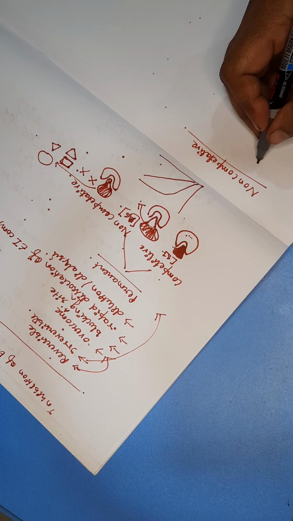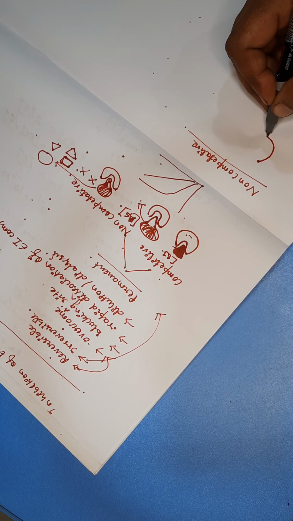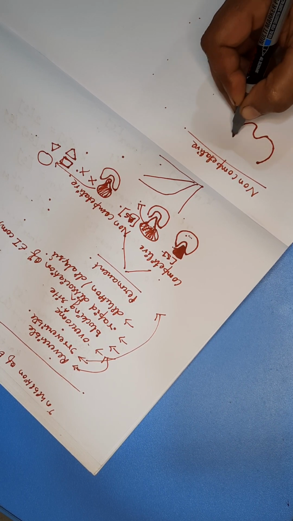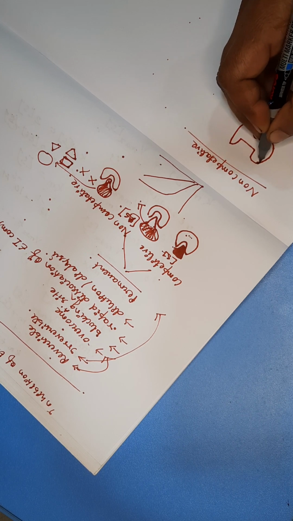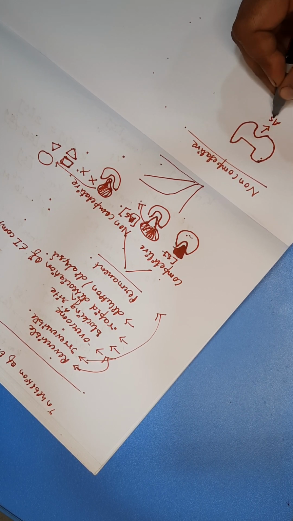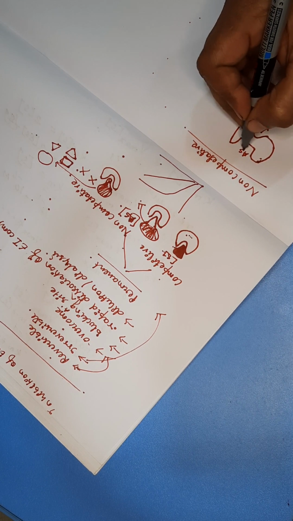In non-competitive inhibition, the enzyme can have more than one active site. Suppose this enzyme has an active site like this and another active site present like this. This is active site 2 and this is active site 1.